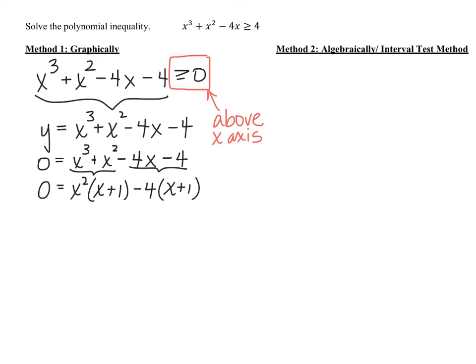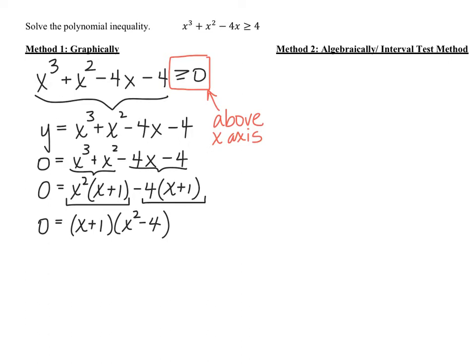Now we're going to factor one more time. This time I'm looking at the first term being x squared times x plus 1 and the second term being negative 4 times x plus 1. And I notice that they have a common factor of an x plus 1. So I'm going to factor out an x plus 1, and then I'll be left with an x squared minus 4. So that was factoring by grouping.